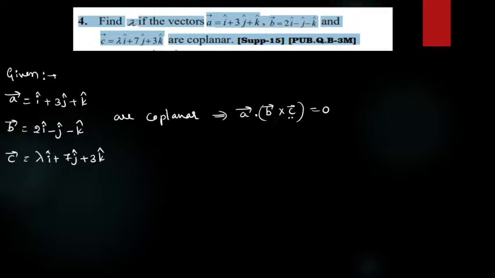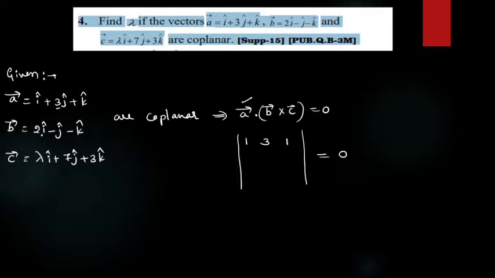So again, A dot B cross C equal to 0 is nothing but their determinant value; their determinant is equal to what? 0. Okay, so first you write the components of A. The i component is 1, the j component is 3, and the k component is 1.